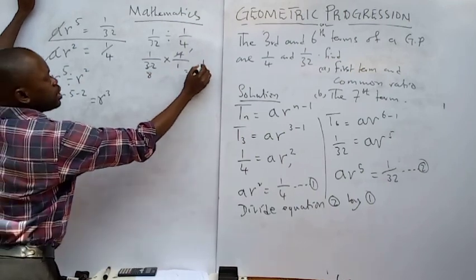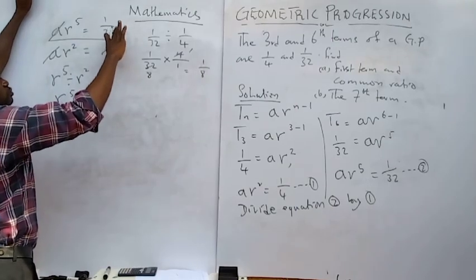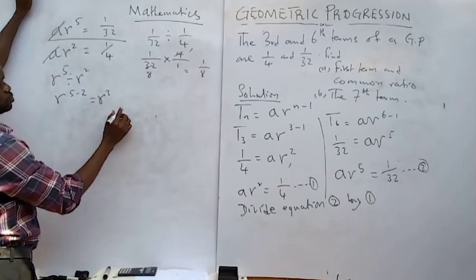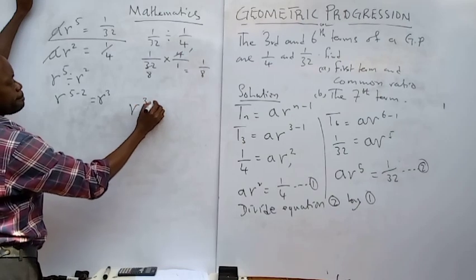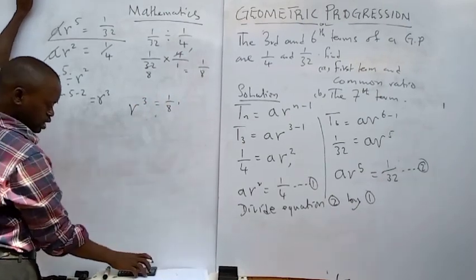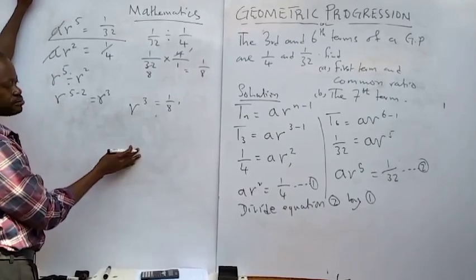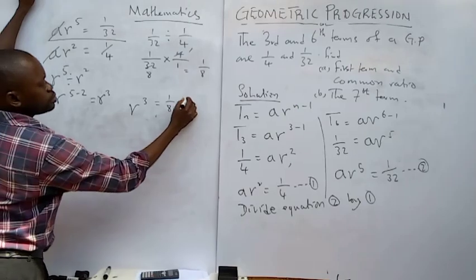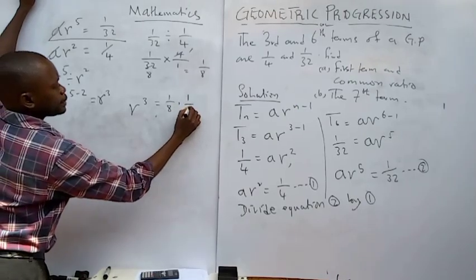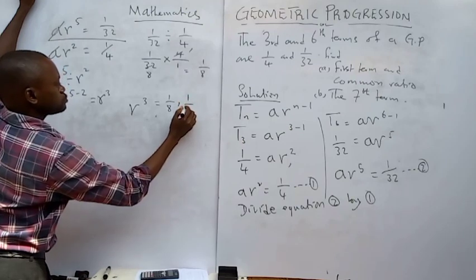So this is 1 over 8 from this simplification. I have now r raised to power 3 equals 1 over 8. The only way to get out of this type of thing is to raise this to an index, and that will be 1 over 3.